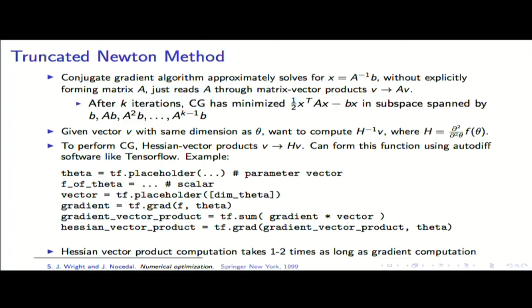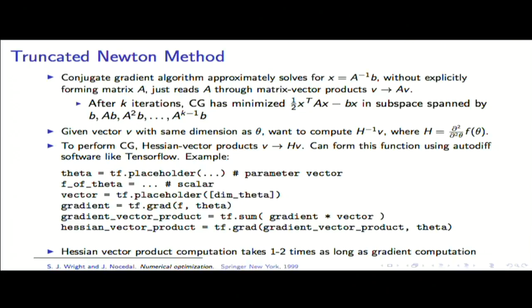In general, what this would give you is H inverse, the Hessian inverse, times one of these vectors from this subspace. It's going to solve for this system in the subspace, finding the best vector in this subspace.